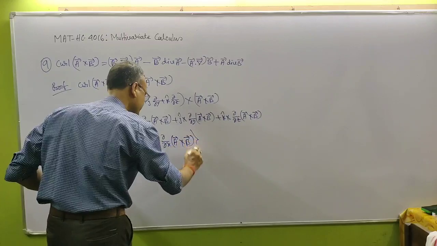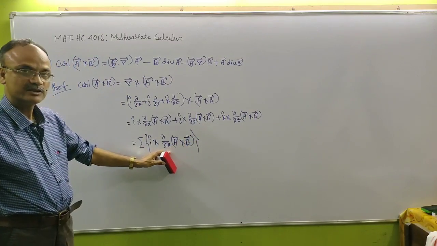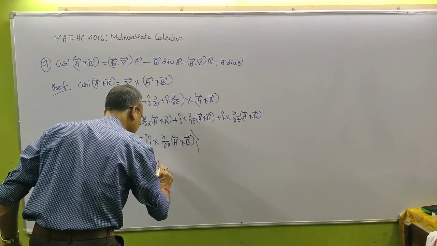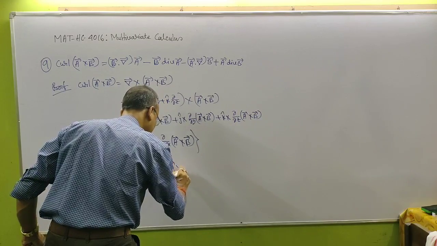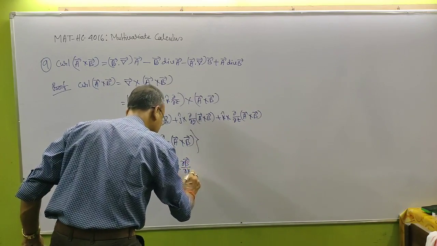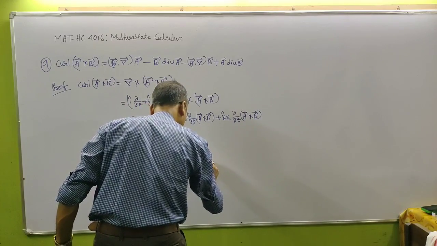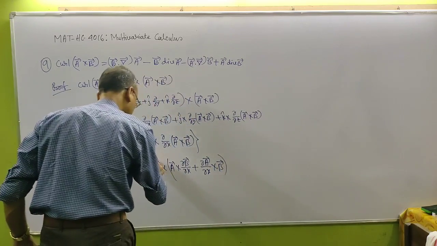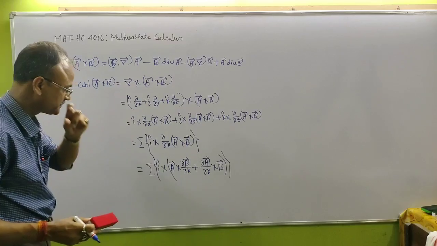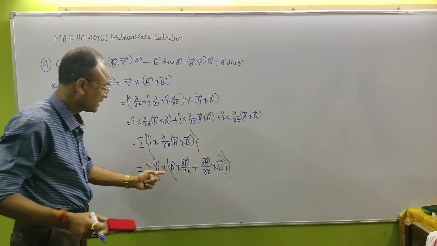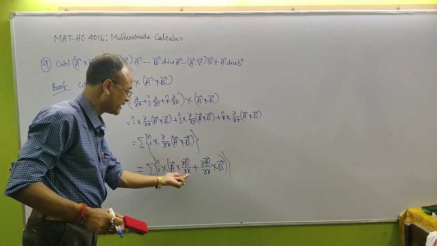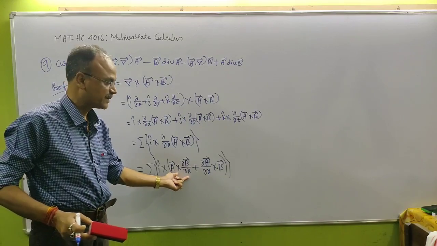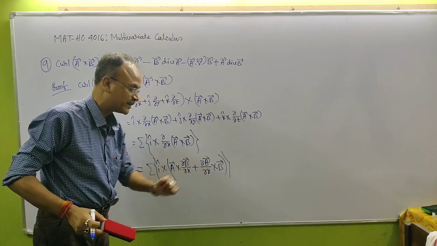This is equal to summation i cross, A cross del B by del x plus del A vector by del x cross B. Now you see, A cross del B by del x is a vector quantity, because the cross product of two vectors is a vector quantity.